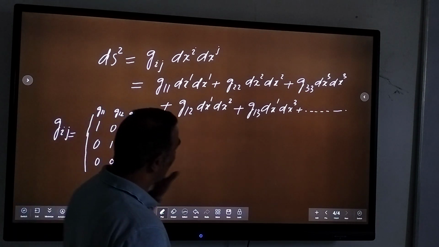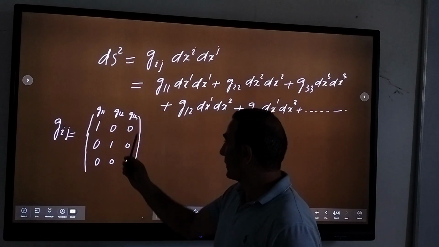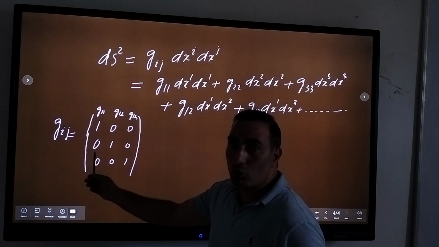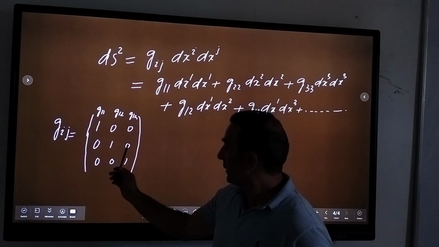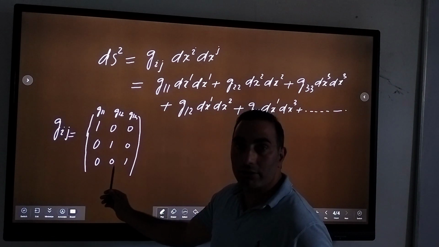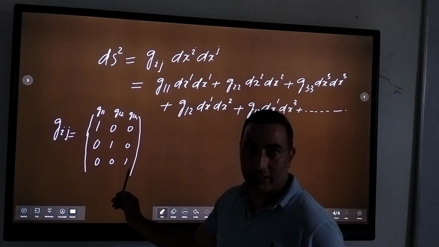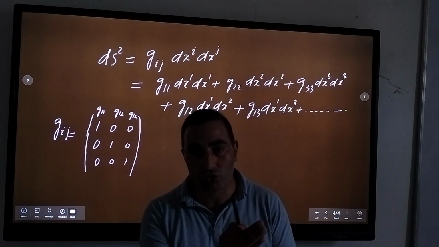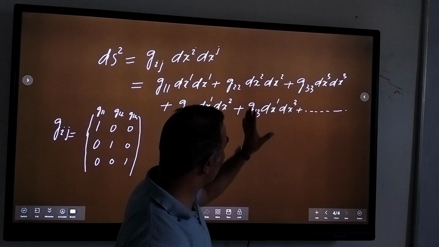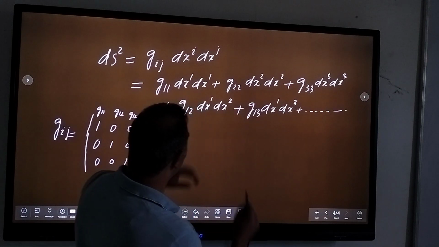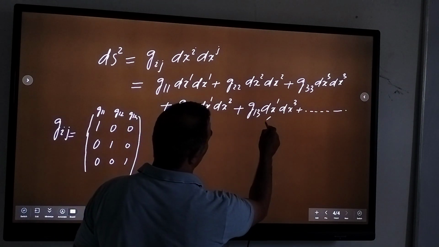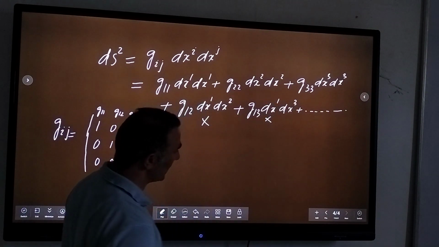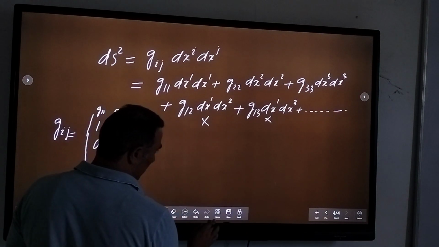If I take g13, it is also 0, and this will be our g21, this will be g22, this is g23, g31, g32, g33. So only the diagonal elements survive here. This term cancels, this will be 0, this will be 0. I am getting only these terms.